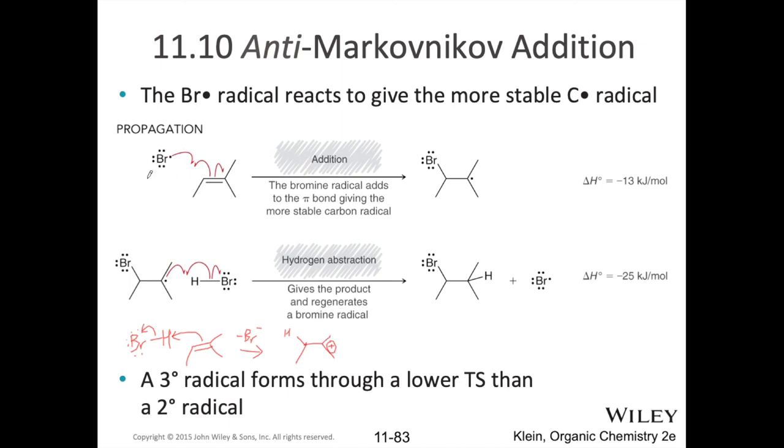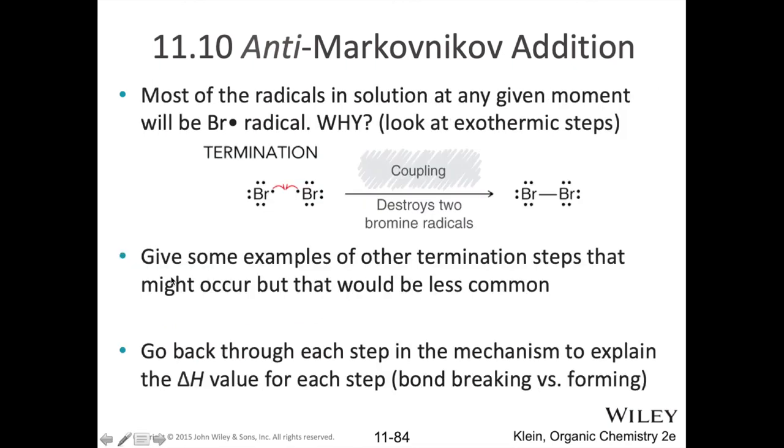In a radical reaction, we have the bromine first, and we have a hydrogen going to that tertiary site later on with a hydrogen abstraction. So it's really an order of operations difference that causes the anti-Markovnikov product forming. And then of course the termination step is just your typical termination steps, right? You have your coupling reactions between your bromine radicals.